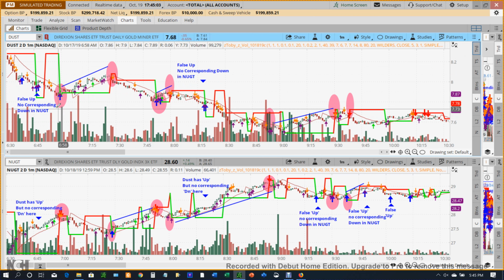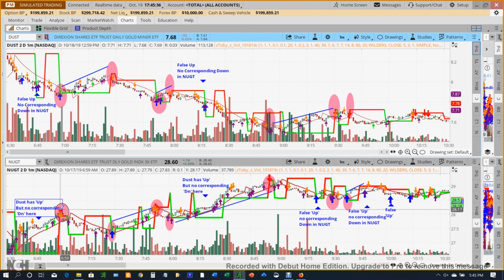Another thing to look at is when I trade with ETFs that are inverses of each other. Dust is an ETF, and Nugget is an ETF, and they're inverses of each other. So when one goes down, the other inverse goes up, right? So you have a chance of comparing indicators. If there's a blue up arrow up here, down here there should be red down arrows.